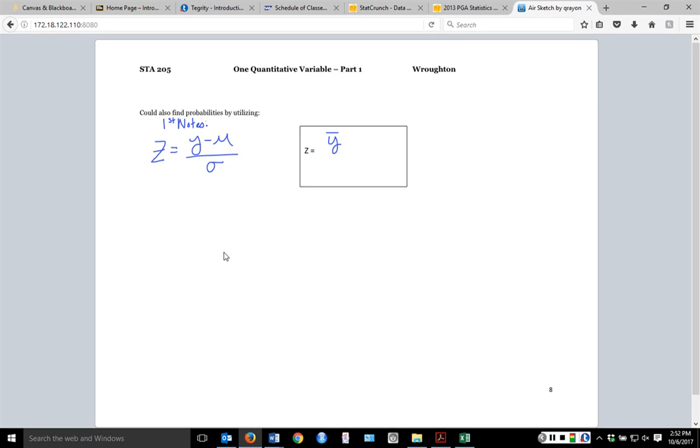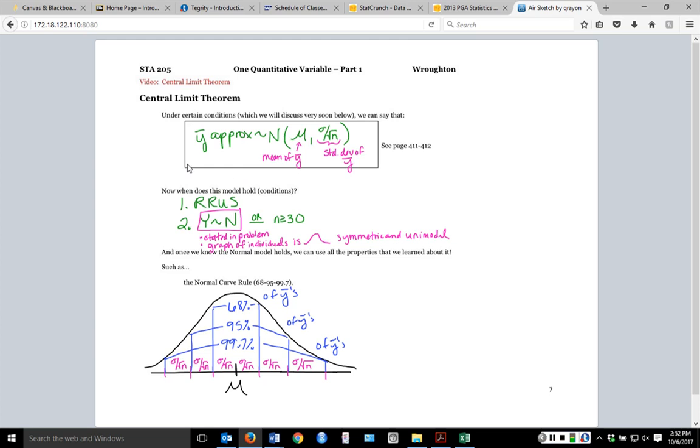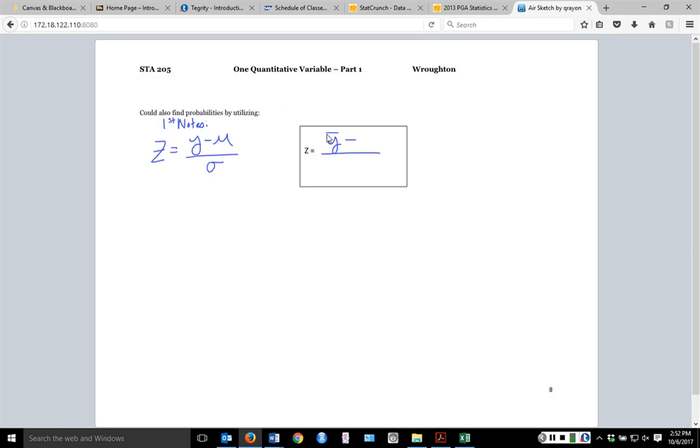So I have the average of the group that I'm going to calculate. What am I going to subtract off? I'm going to divide by something just as I did before. Going back to my formula here, I want to subtract off the mean, which is mu, and I want to divide by the standard deviation, which is now sigma over the square root of n. So still subtracting off mu, but now dividing by sigma over the square root of n.